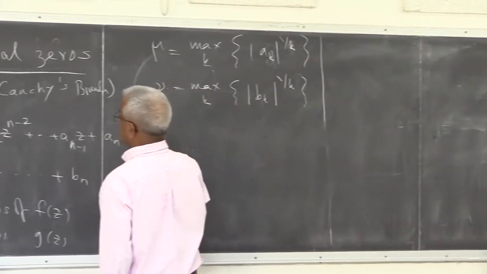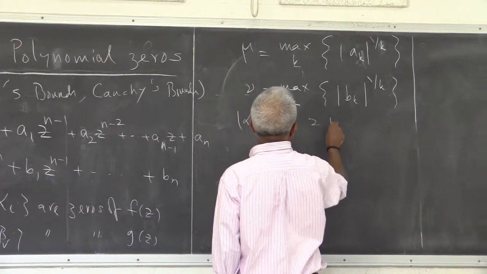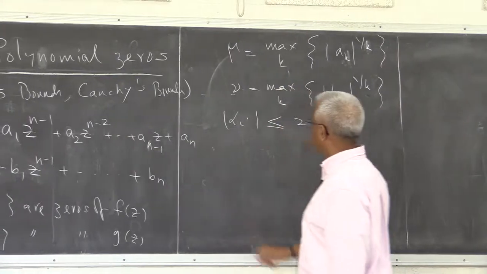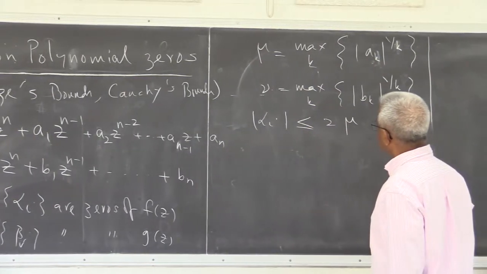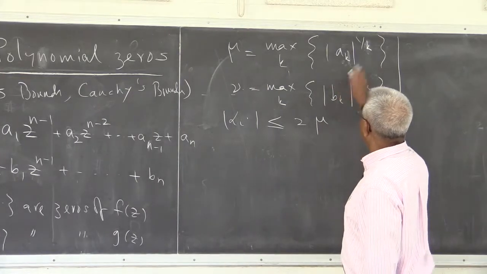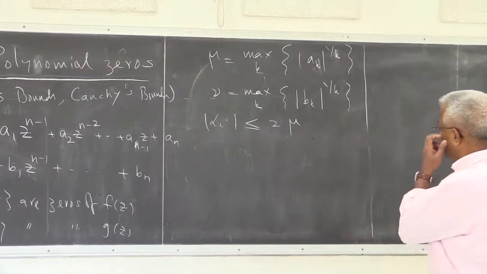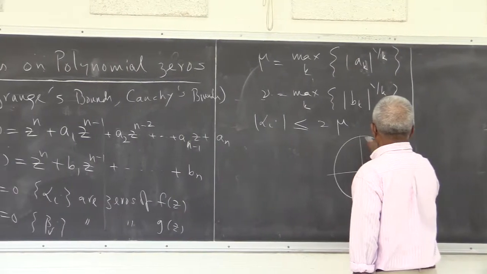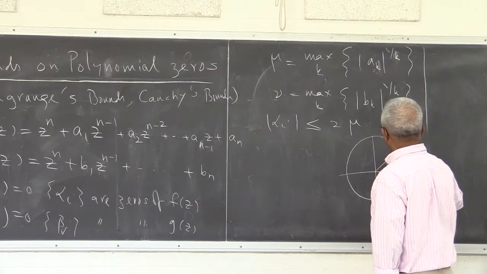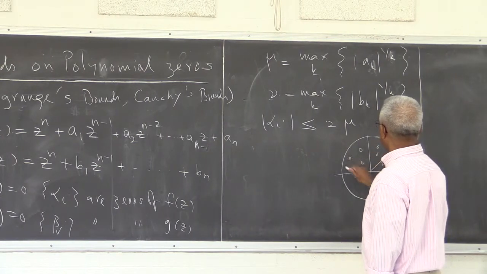So what this says is all the alpha_i are less than 2 mu, where alpha_i are the roots of f, where mu is of course the maximum of the absolute value of ak to the power 1 over k. So we have something like this. So this is your 2 mu. So all the roots of fc have to be somewhere in this circle.